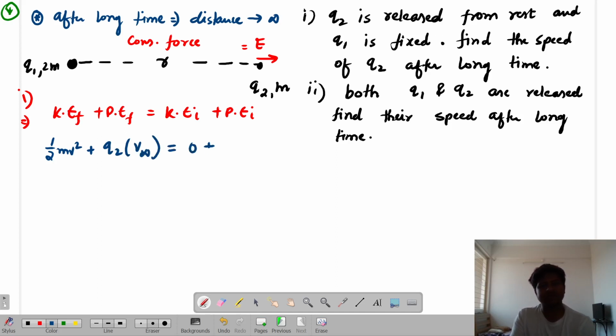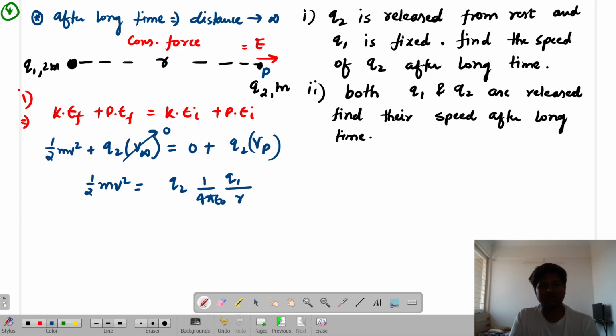Kinetic energy initial is zero. Potential energy initial will be Q2 into potential at point 1. So this is zero once again. What is my equation? Half mv square is equal to Q2 into 1 by 4 pi epsilon naught Q1 by distance R. Is that clear?